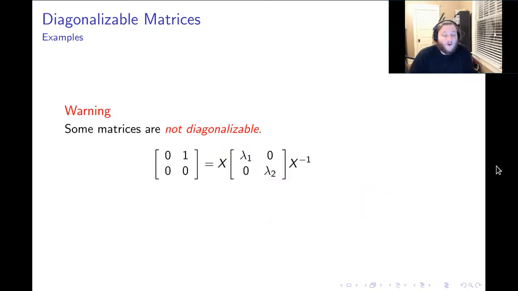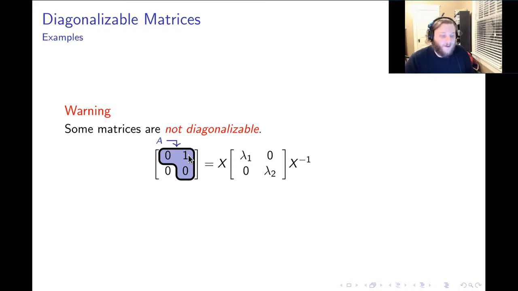Now, it's important to point out that not all matrices are diagonalizable. Let's look at this matrix on the left. This is an upper triangular matrix A, where the diagonal entries are 0, and in the top right corner we have the number 1. I'm now going to argue that this matrix is not diagonalizable. What would happen if it were?